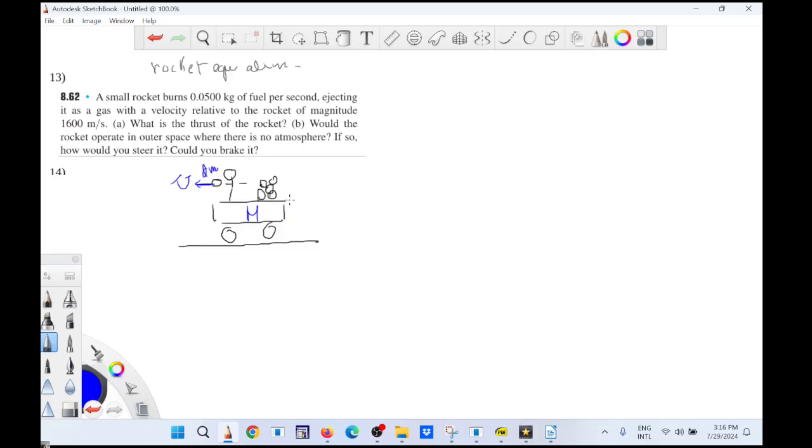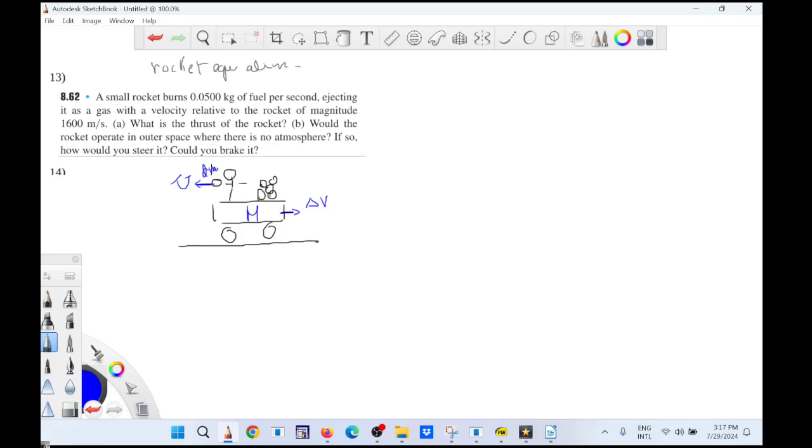And so as a reaction, of course, the wagon is going to move in this direction, so it's going to increase its velocity by delta v. The faster you throw those little masses, the faster the wagon is going to move backward.